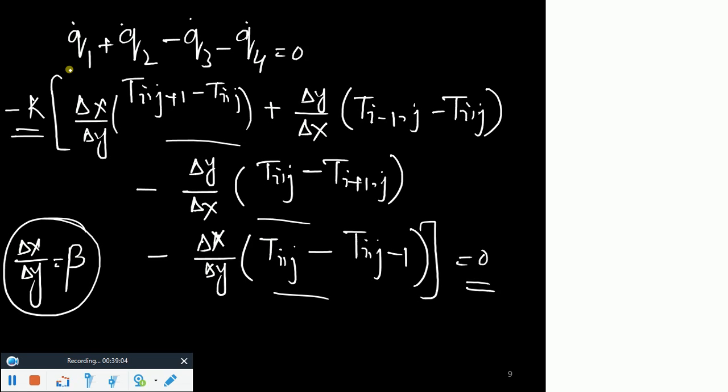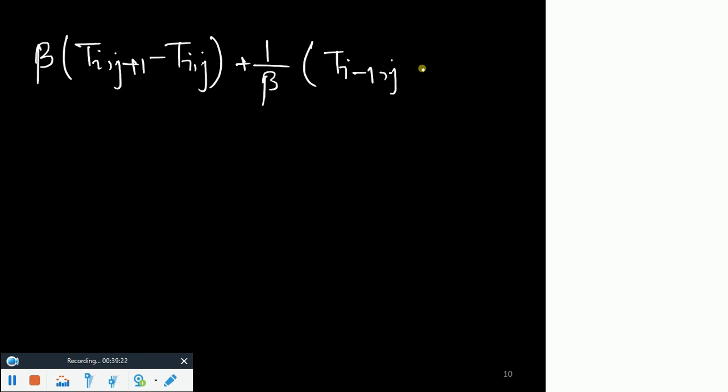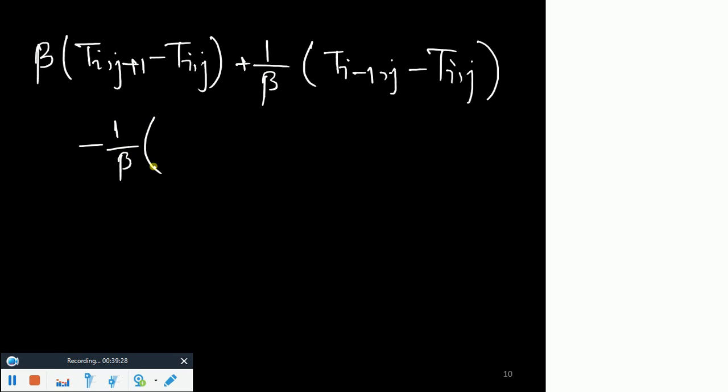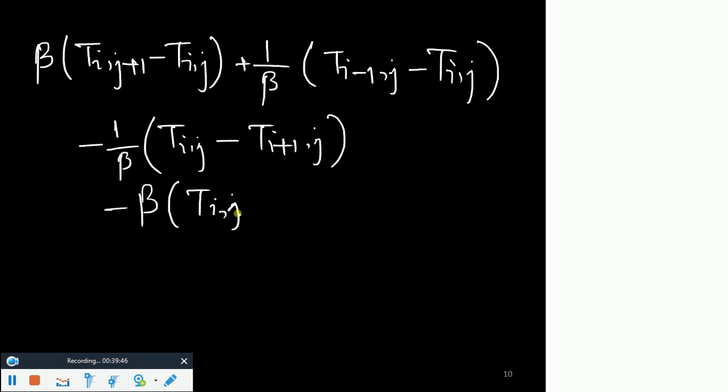Okay, so I can write it as beta into Tij plus 1 minus Tij plus 1 over beta Ti minus 1j minus Tij minus 1 over beta Tij minus Ti plus 1j minus beta Tij minus Tij minus 1.